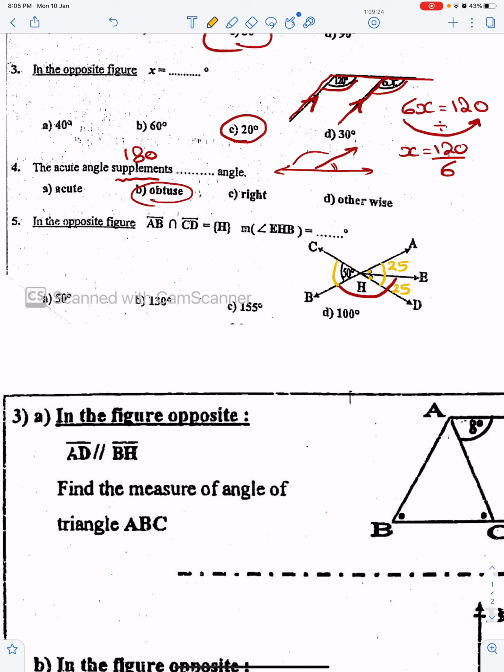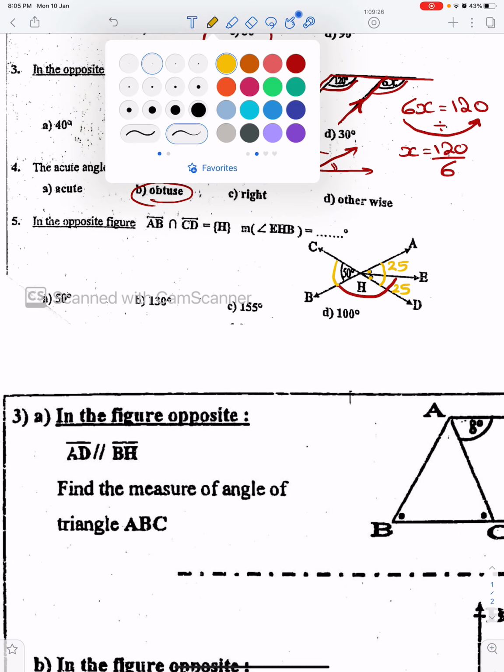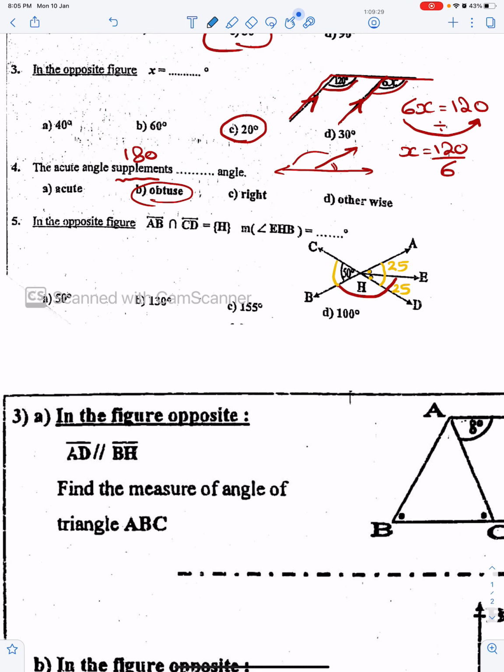Okay, what else? Here, this angle and this angle in blue, they are supplementary. Their measure is equal to 180. So angle BHD is equal to 180 minus 50, which is 130 degrees.